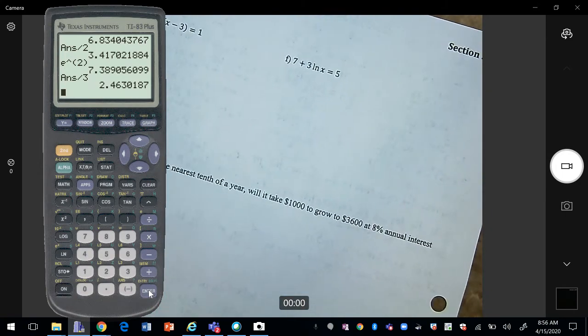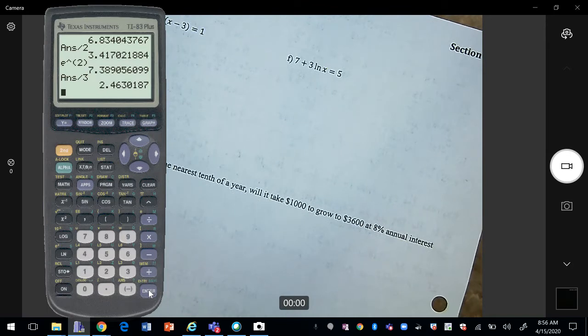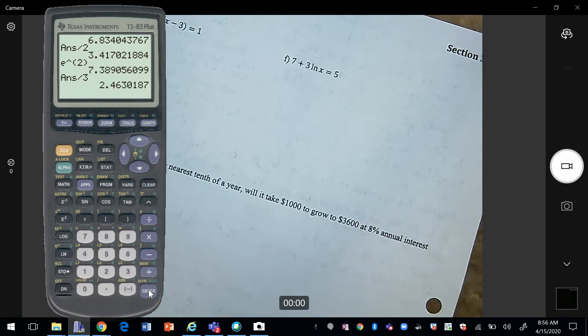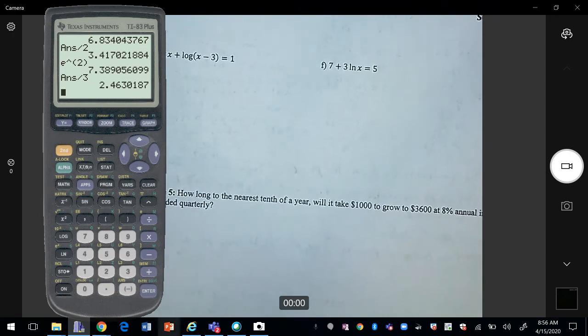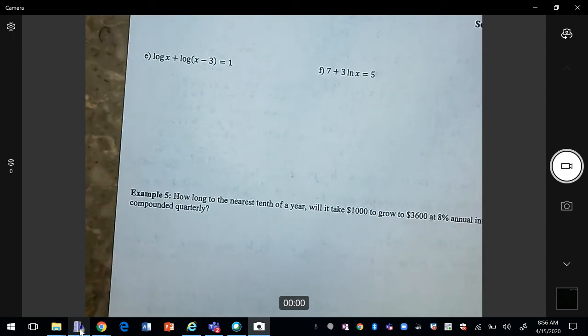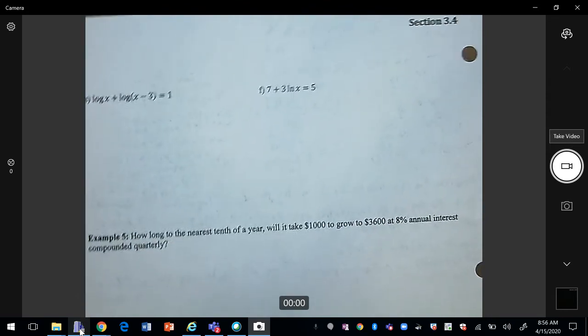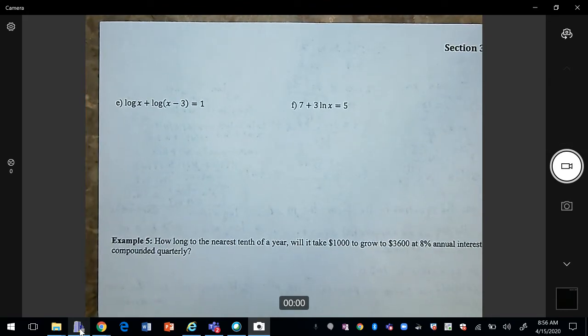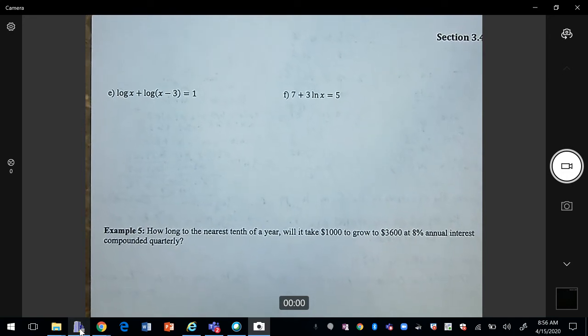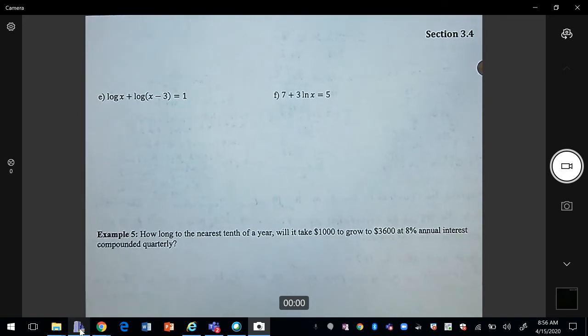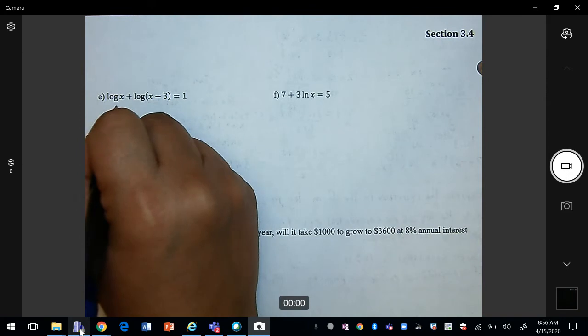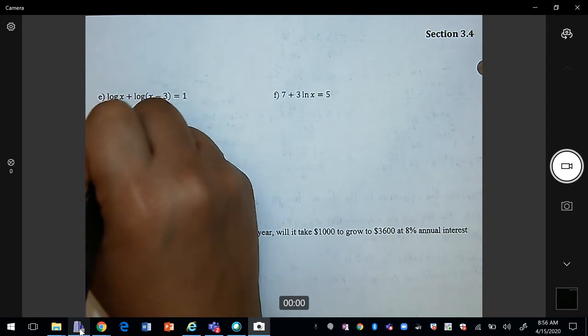Letter E. So we have log x. So here we can combine these two logs.